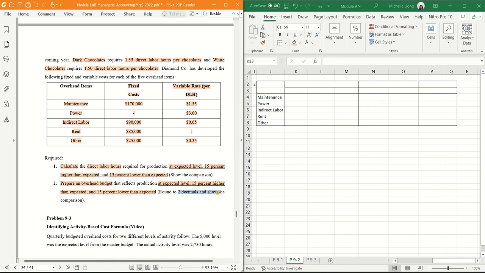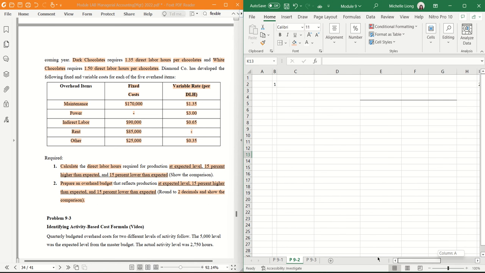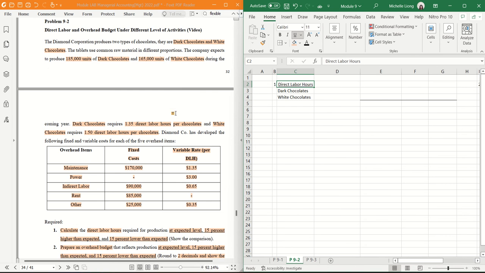Round to two decimals and show the comparison. Okay, start with number one. So right here we have direct labor hours for dark chocolate and white chocolate, because we are going to calculate the direct labor hours. And then we are asked to make three of these: expected level, increase and also decrease 15%.